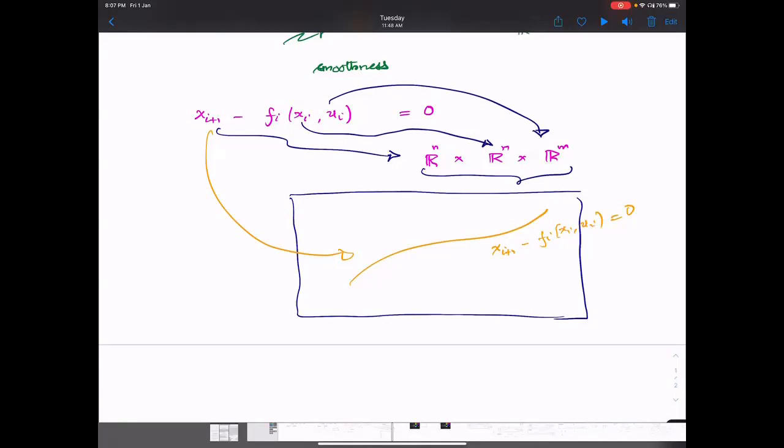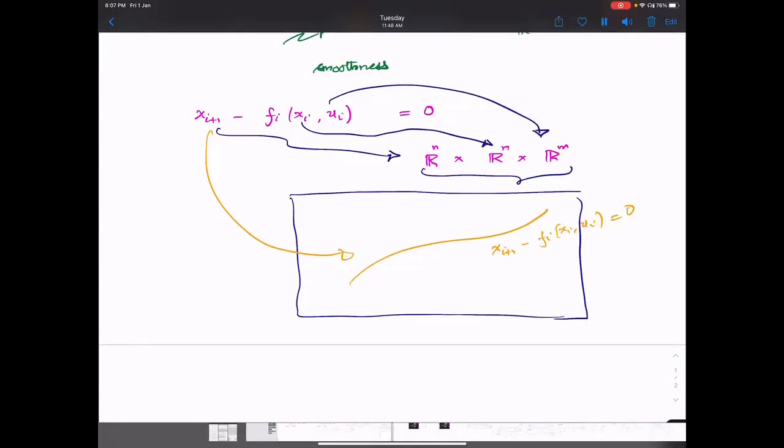And then this is an equality constraint, assuming smoothness of the f_i map. It's like a level set. What is a level set? It's all x_{i+1}, x_i's and u_i's which satisfy this equality.